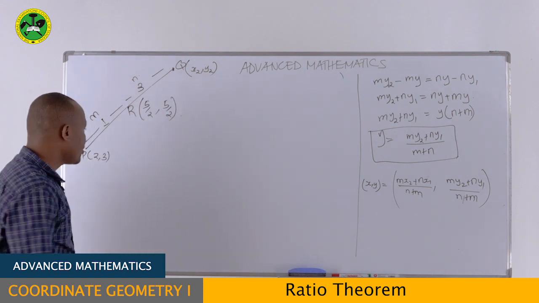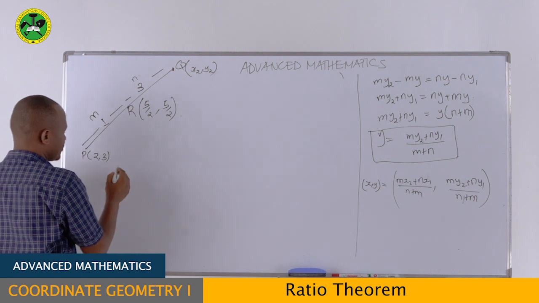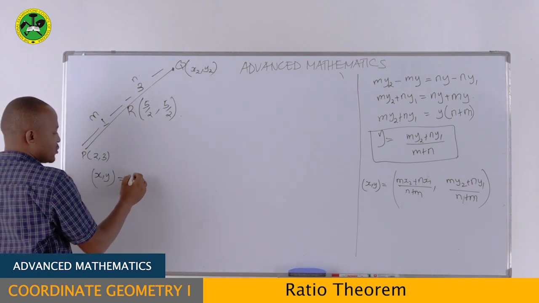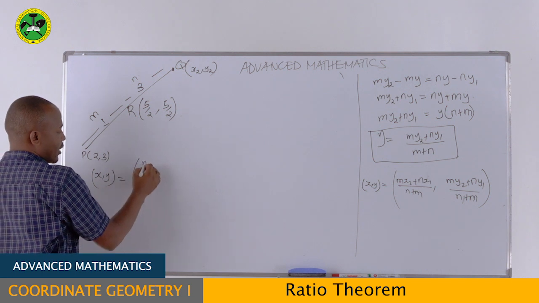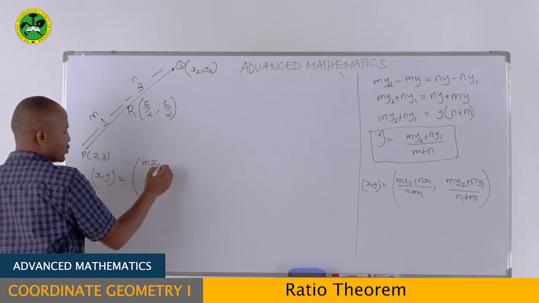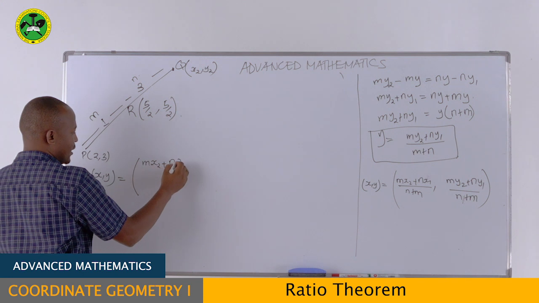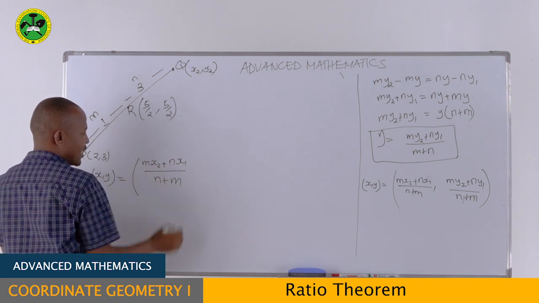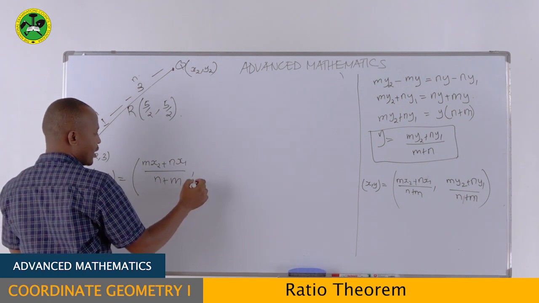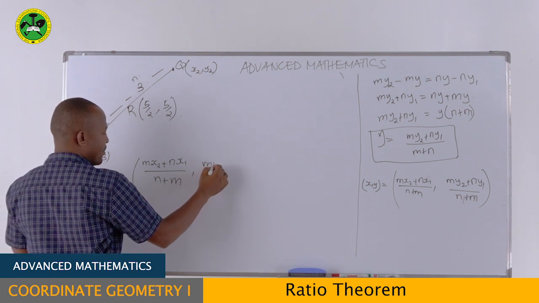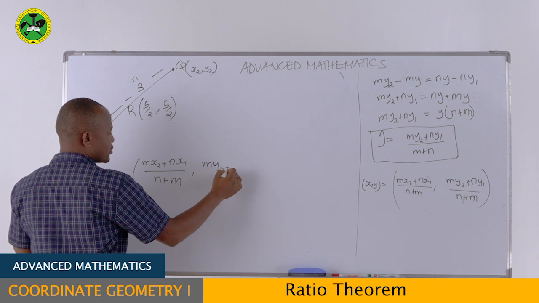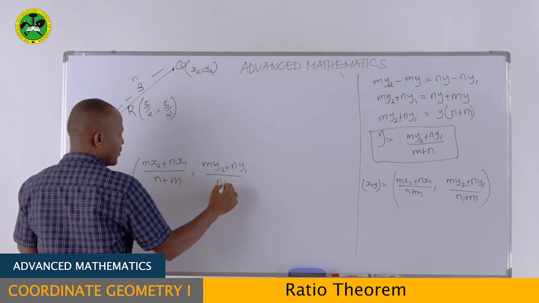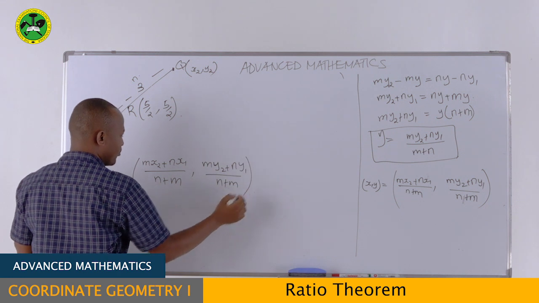But we know the formula tells us like this: x comma y is equal to mx2 plus nx1 over n plus m, comma, my2 plus ny1 over n plus m.